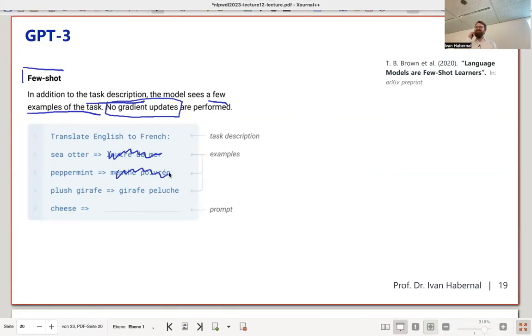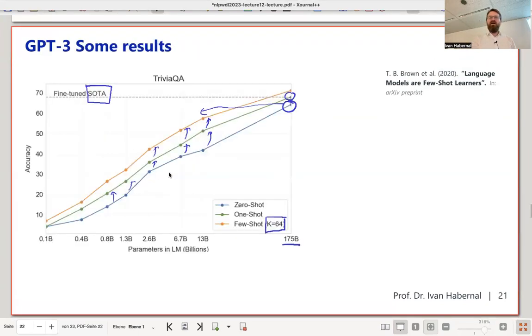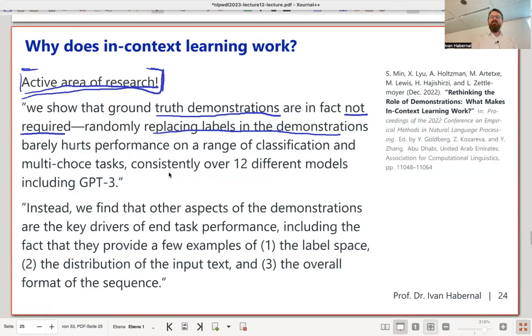So that shouldn't be, there's something wrong in there. And the hypothesis here: instead we find that other aspects of the demonstrations are the key drivers of the end task performance, including the fact that they provide a few examples of the label space. I guess if you show the labels, like they do classification, positive, negative, you show a few labels, and that helps.